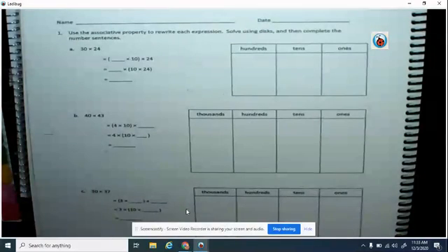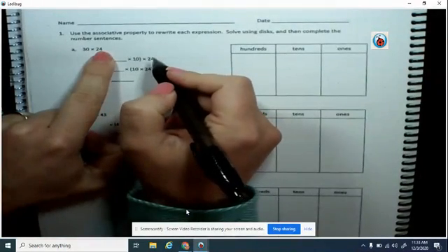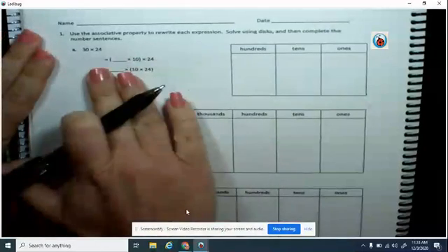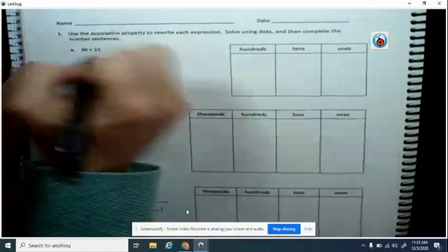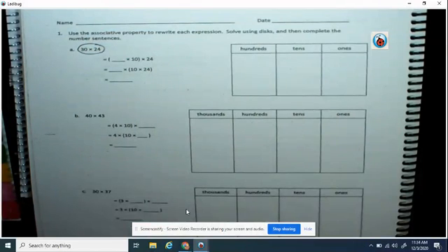And so we're going to be using the associative property to solve multiplication problems, okay? For this one, we've got 30 times 24. This part can get a little confusing, but basically, because 30 is a 10, we can use the tens trick on 30 too.